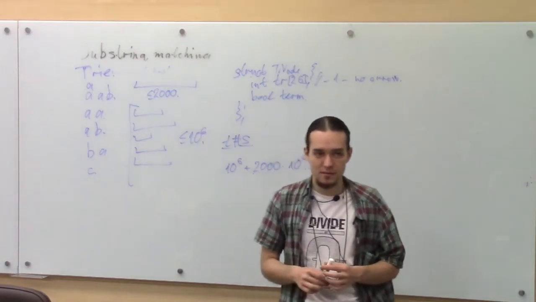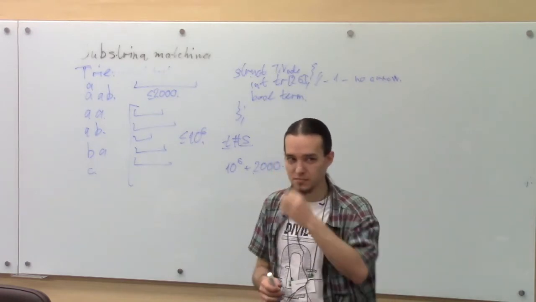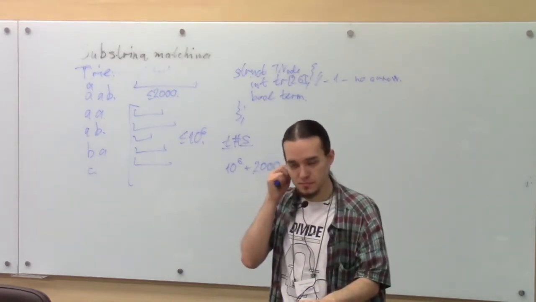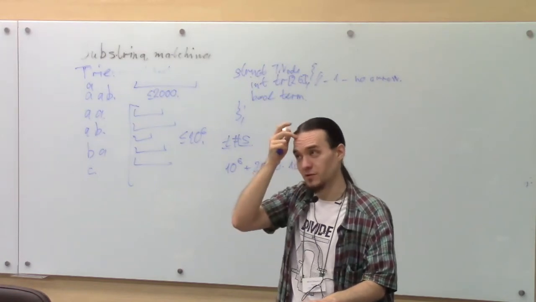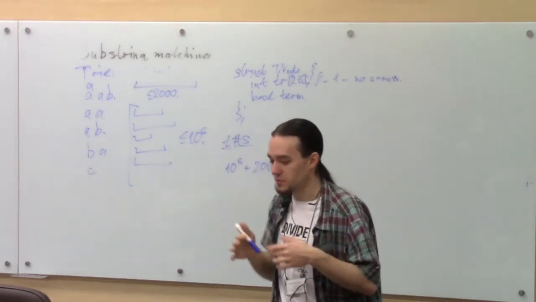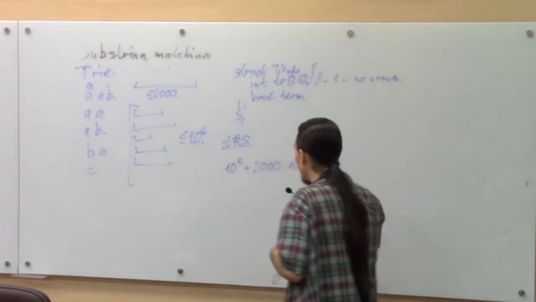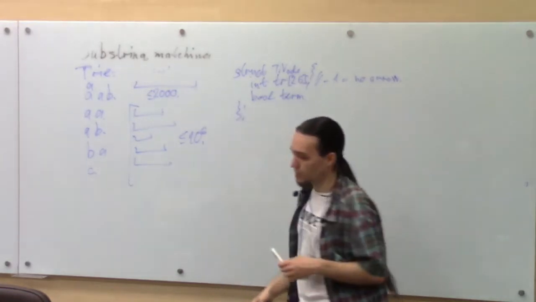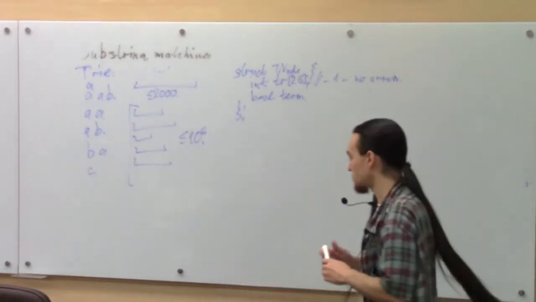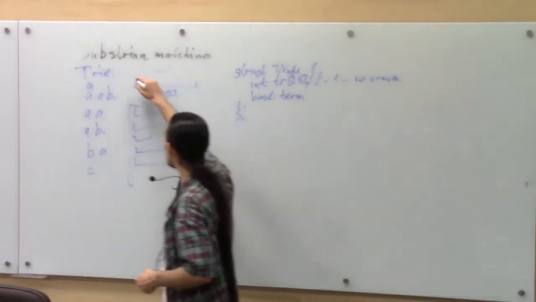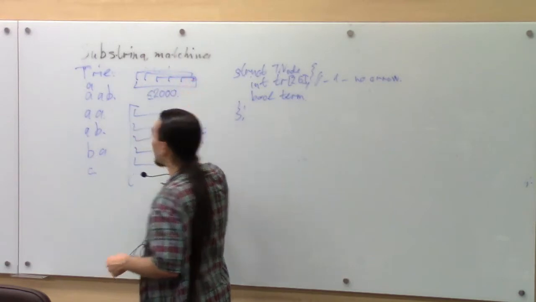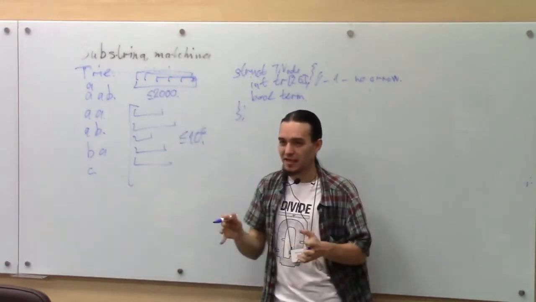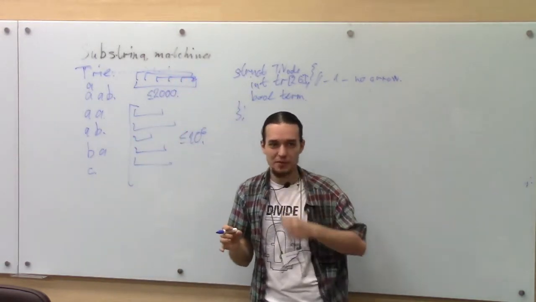Yes, exactly. So we are going to solve it with a trie. What we're going to do is to take all suffixes of our string and add them as the words of our dictionary.